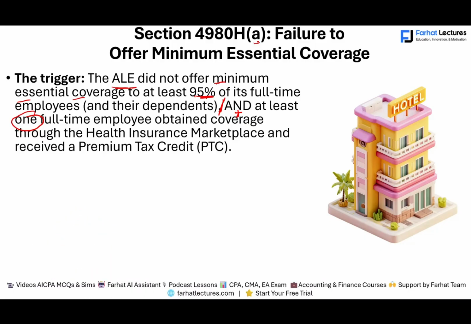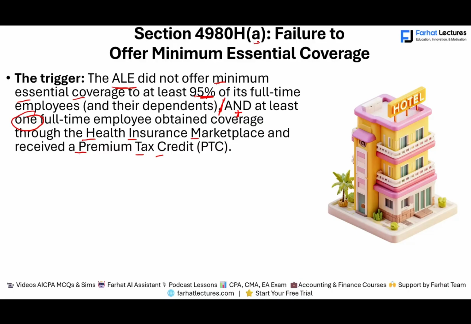But if one of these employees, only one of them, obtains coverage through the health insurance marketplace, simply put, the government coverage, and receives a premium tax credit, in other words, receives a subsidy from the government. The government says, hold on a second, this individual is supposed to be covered by minimum essential coverage in this company, and they're not. Therefore, the company as a whole is penalized.